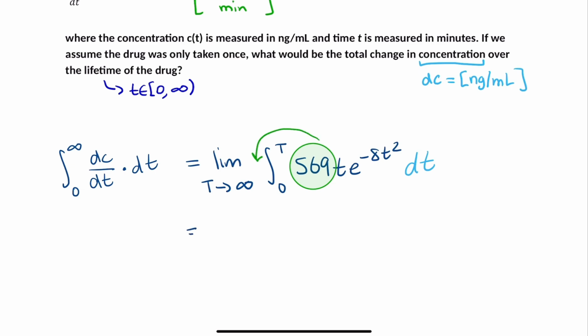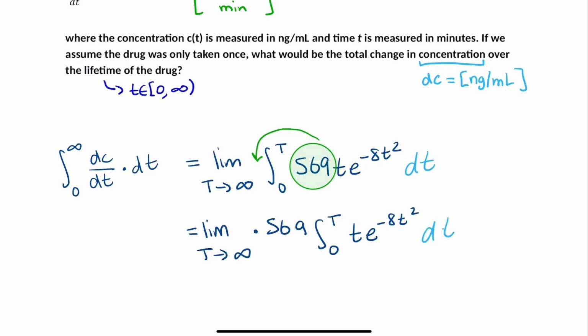This is equal to the limit as t approaches infinity multiplied by 569 multiplied by the definite integral from 0 to t of little t e to the negative 8t squared dt.